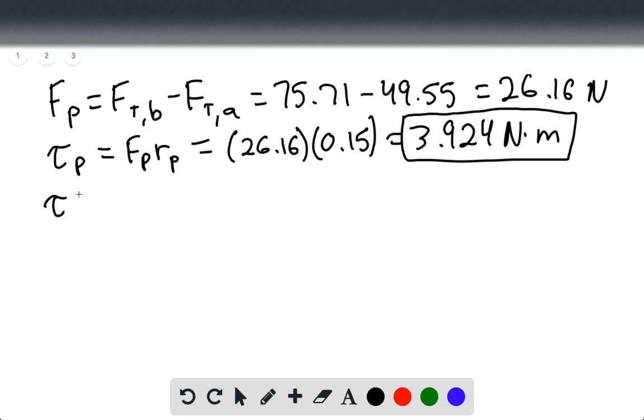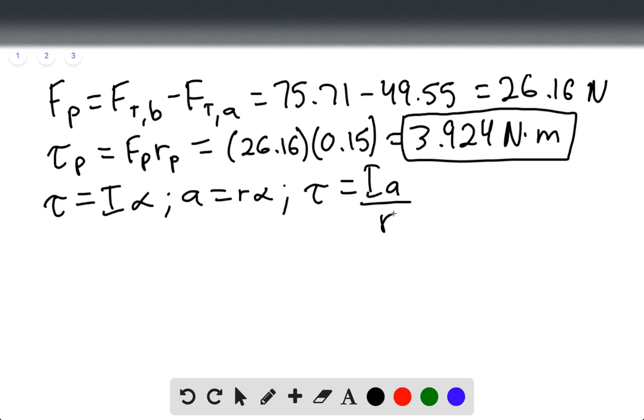So tau equals I alpha, and we know that a equals R alpha. So we know that tau is going to equal I a over R. And once we find that, we can say that I is going to equal tau R over a.